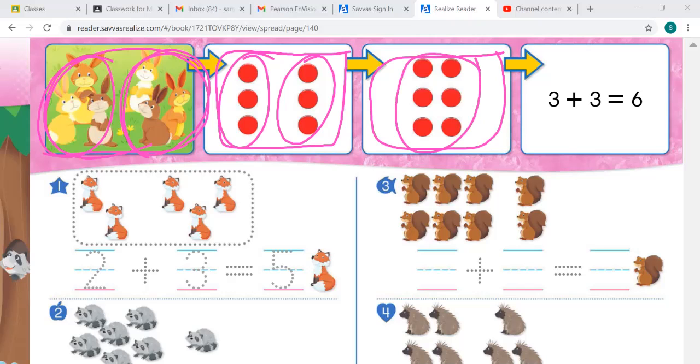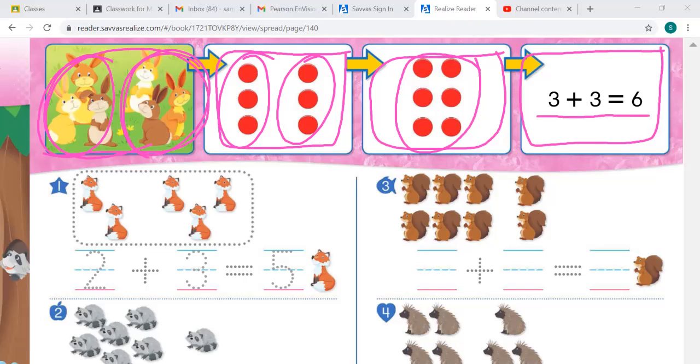There are 6 in all. Let's look at our last box over here. You can show the joining story by writing an addition sentence. So what does the addition sentence 3 plus 3 equals 6 tell? It tells us that 3 and 3 is 6.